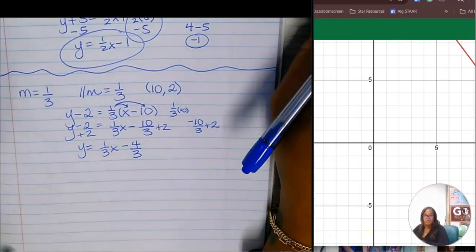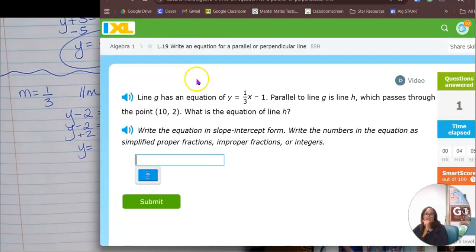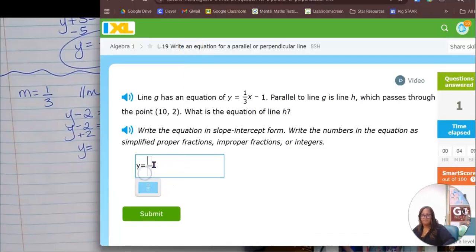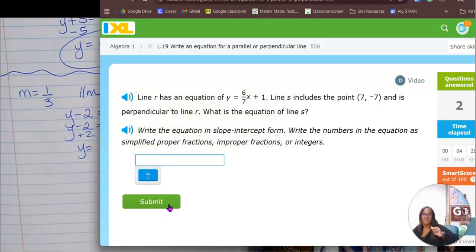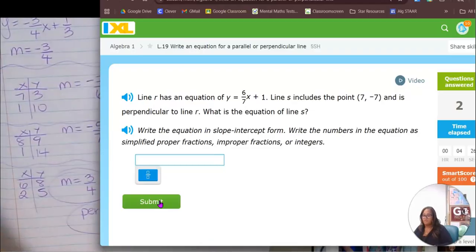Let's cross our fingers and hope this works. Y equals, let's be fancy and use the fraction button, 1/3 x minus 4 thirds. Got it right.